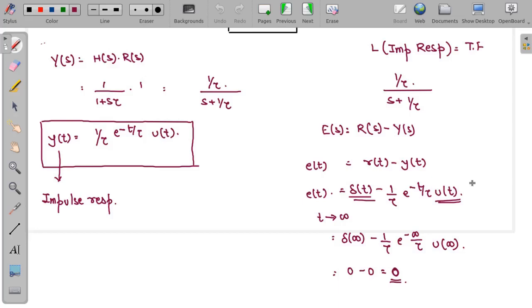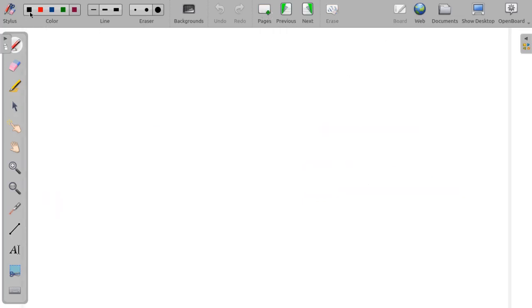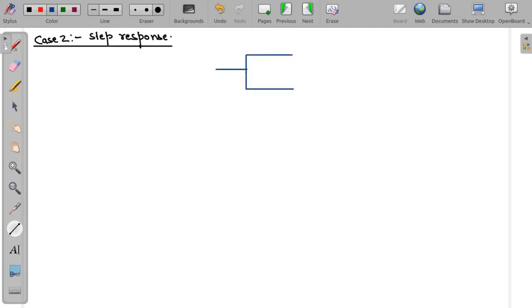Now let us calculate the step response, case 2. For the step response we have already seen that the transfer function is 1 by 1 plus s tau.